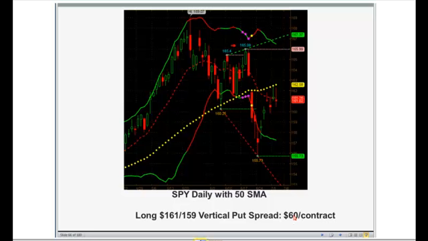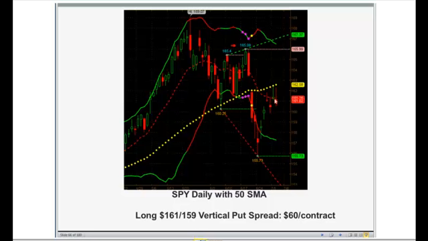And the most I can make, it's a $200 spread, so you just take 200 less my cost. So potentially I can make $140 a contract if at expiration on Friday, SPY is below 159. And if it's between 161 and 159, there will still be something to be made.